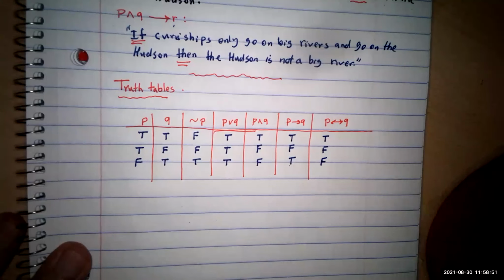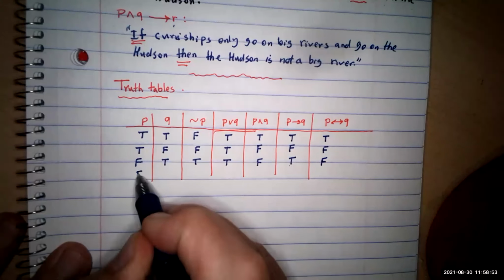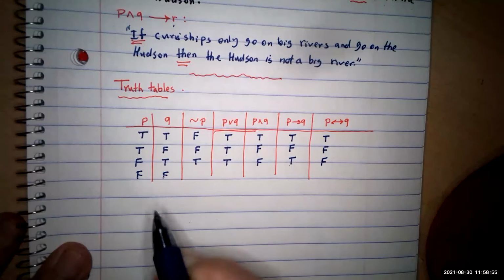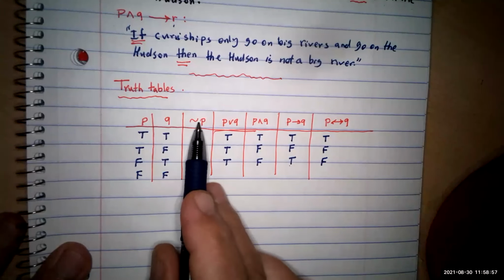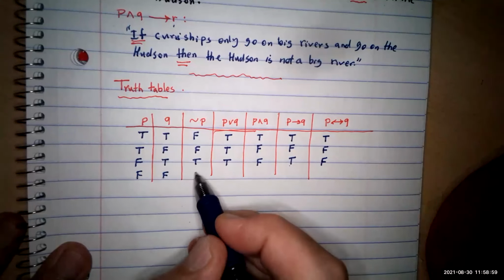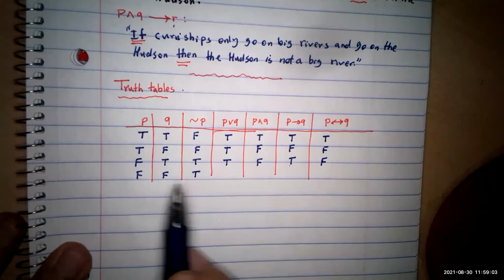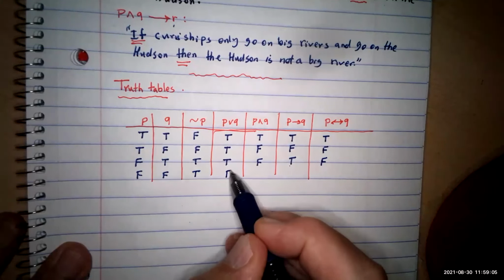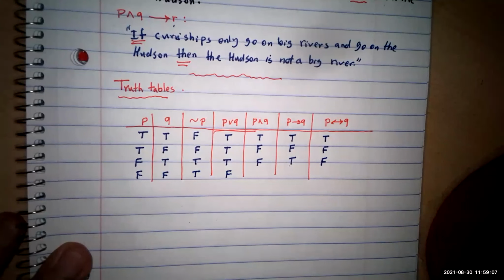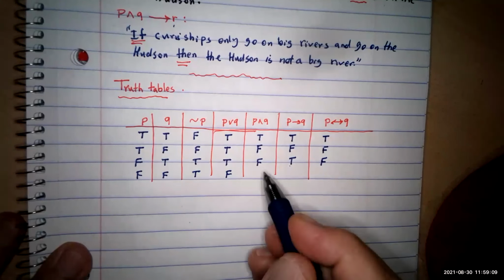Okay, and the last one, if both of them are false, the negation of the false is true, of course. P or Q, both of them are false, so this is going to be false. P and Q, both of them are false, this is going to be false.